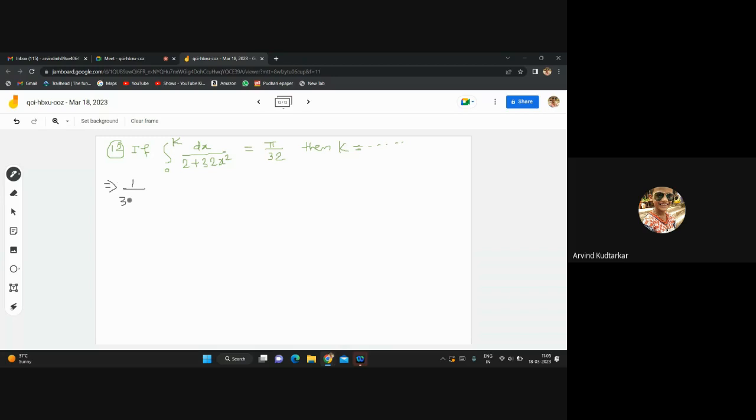dx upon, if you are taking 32 out then 2/32, right? That means 1/16 plus x square. And this is simple, no doubt.